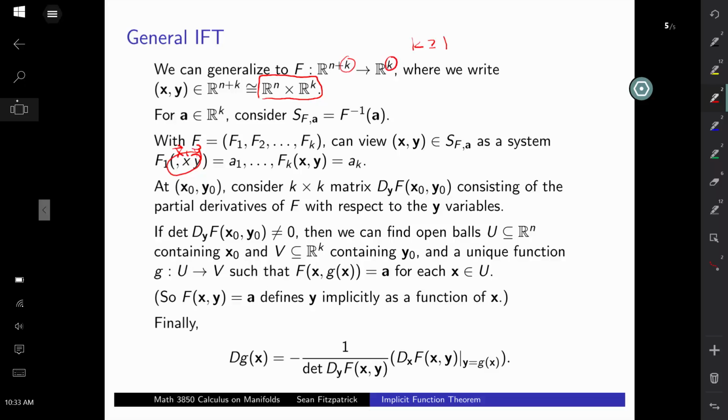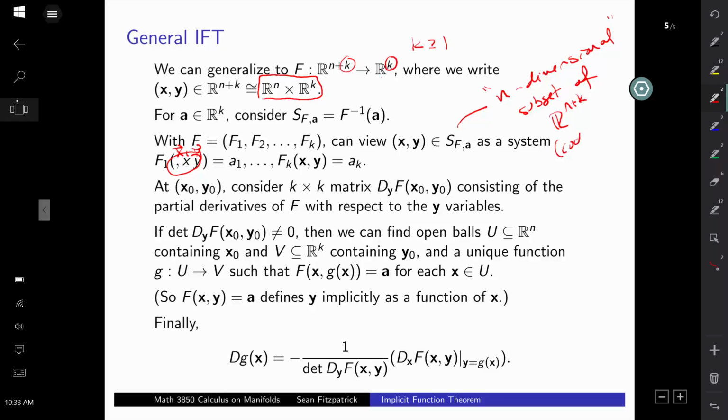And so then for values a in R^k, you can consider the pre-image, and this is going to be essentially an n-dimensional subset of R^(n+k).